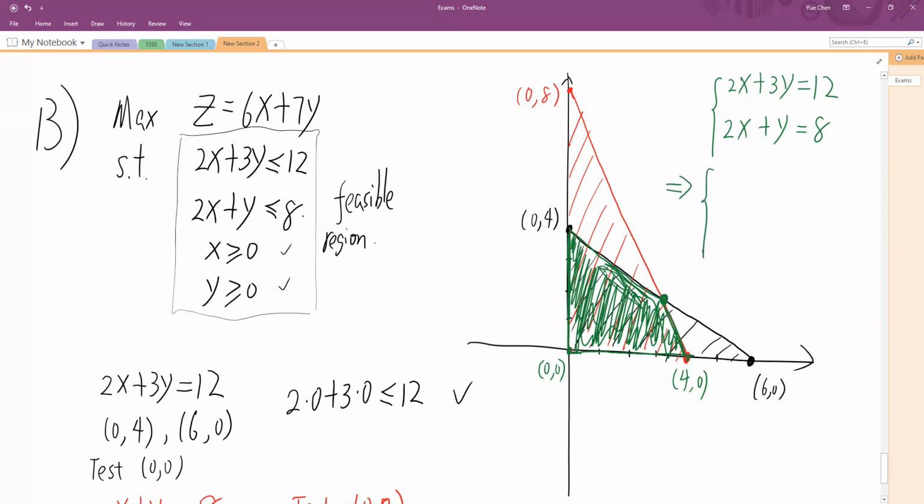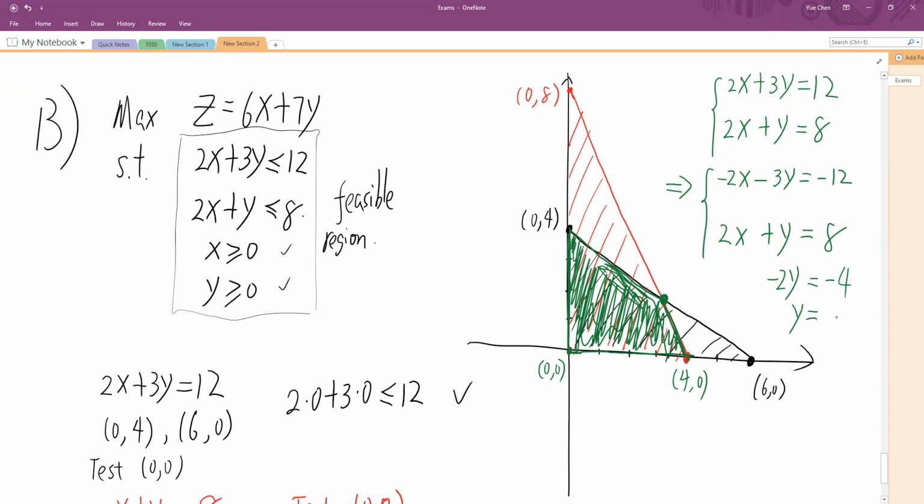If we want to eliminate x, we multiply -1 on the first equation. So it becomes negative 2x minus 3y equals -12. The second equation, we just keep it. So we add them up, okay? Add them up, so it would be -2y equals -4.